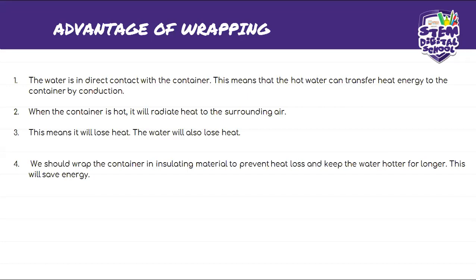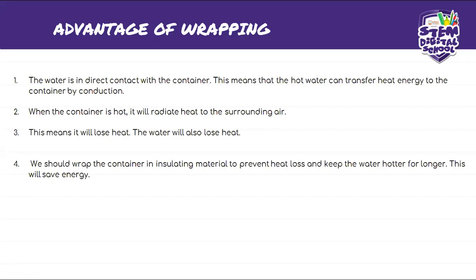This means that the hot water can lose heat into the water container by conduction. This means it will also lose heat. We should wrap the container in insulating material to prevent heat losses and keep the water hotter for long.